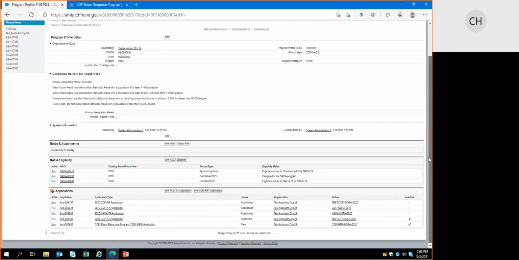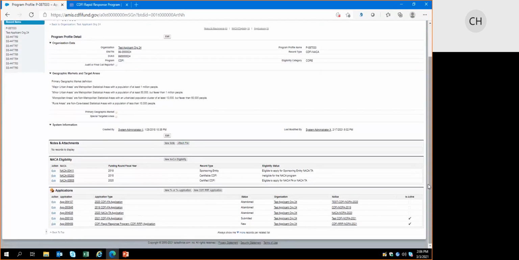I've already launched the application, just to make sure that things go smoothly today. But down near the bottom of the page, where you normally launch your FA or TA application for CDFI or NACA, we have a new button this year that says New CDFI RRP Application.